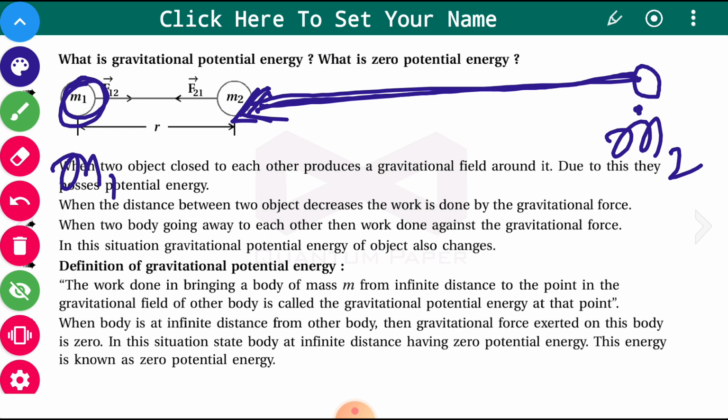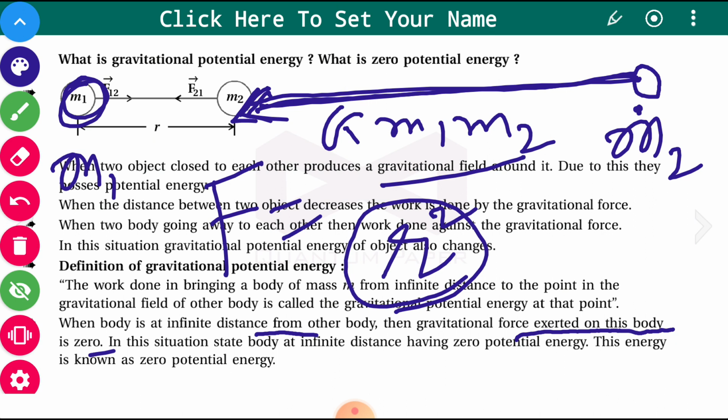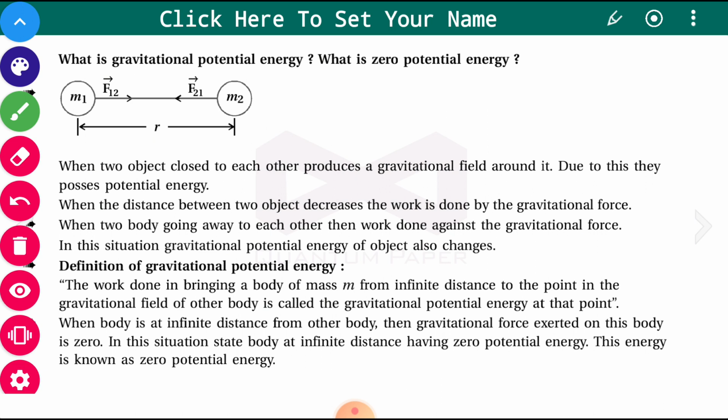When a body is at infinite distance from another body, the gravitational force exerted on this body is zero, because we have the formula G m1 m2 upon r square. When r is infinity, the denominator is very large, so the force acting on this second object by the first object will be almost zero.